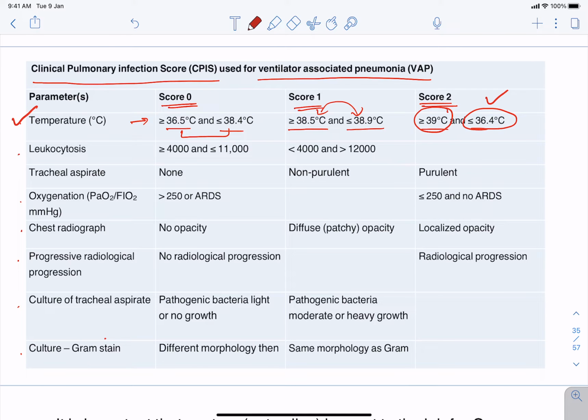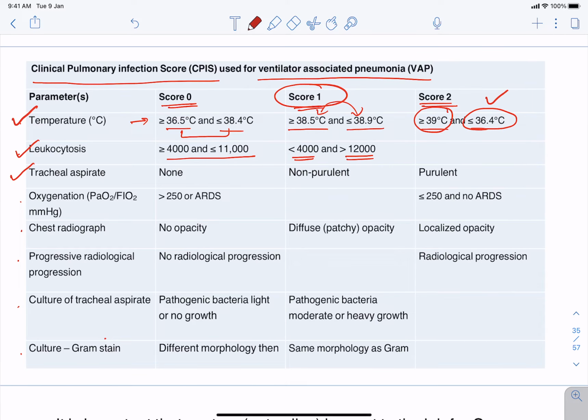Now coming to the second point, leukocytosis. If the count is between 4,000 to 11,000, that is given score 0. Then you have score 1, that is less than 4,000 or more than 12,000. This is also a problem, and this gives a score of 1.